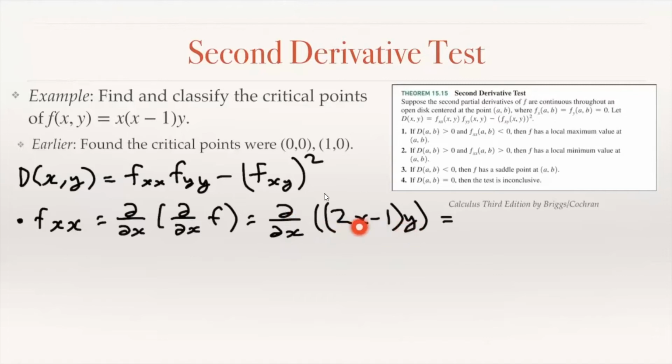We found this first partial derivative earlier. And the derivative of that with respect to x is just 2y.